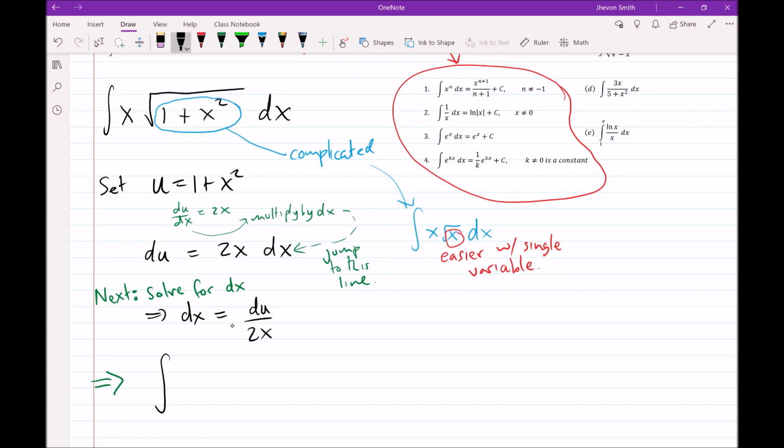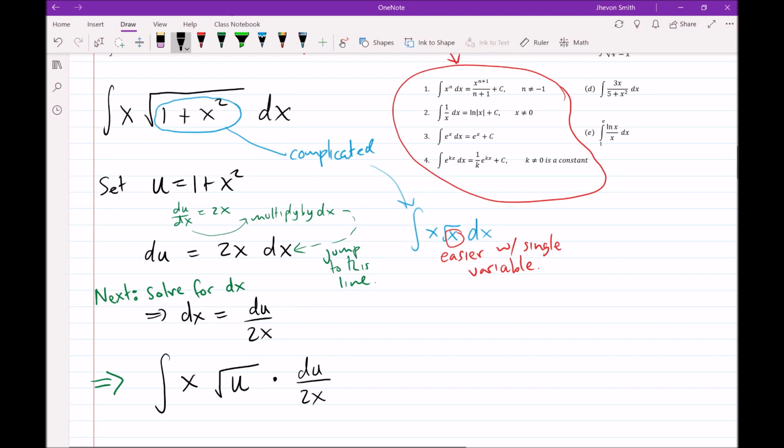Okay, so the 1 plus x squared, that is now u. My dx is now du over 2x. And the x I didn't replace with anything, it just stays.